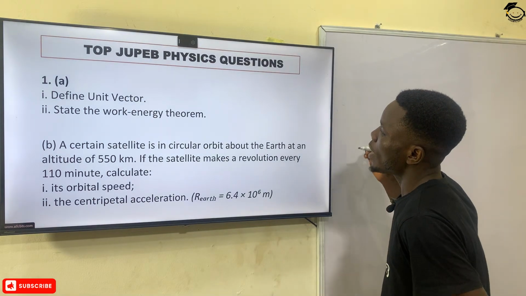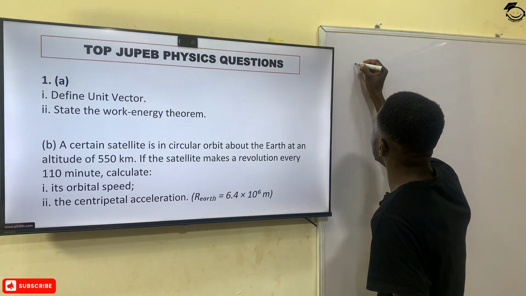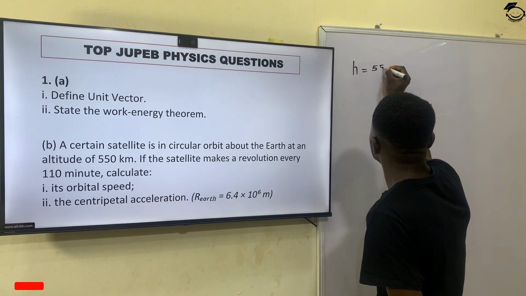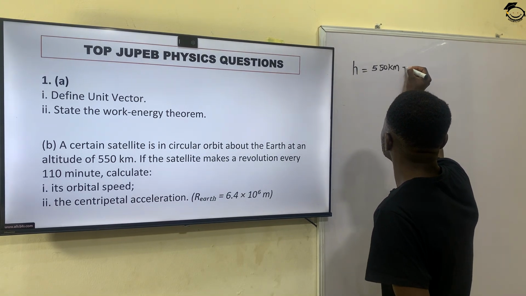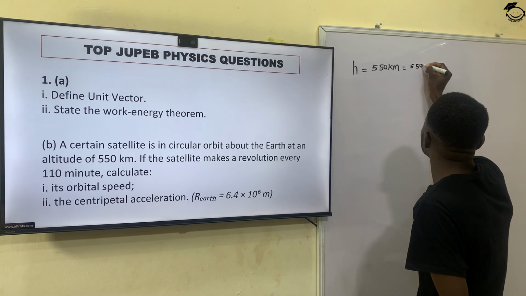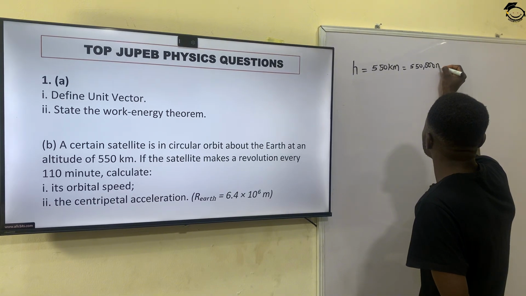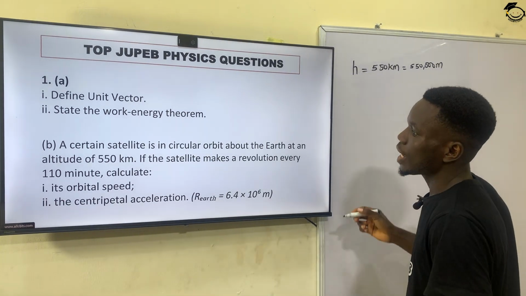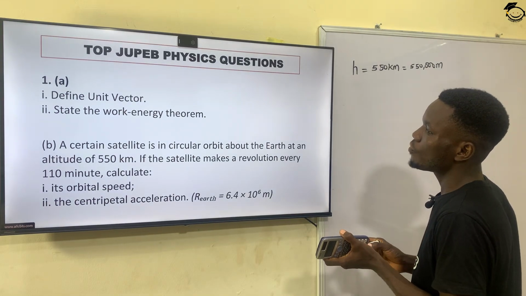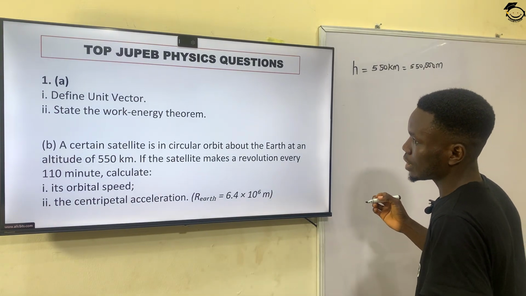Number 1b says a certain satellite is in circular orbit about the Earth at an altitude of 550 kilometers. So we're given the altitude, which is the same thing as the height, as 550 kilometers, which is 550,000 meters. Then it says the satellite makes a revolution every 110 minutes.